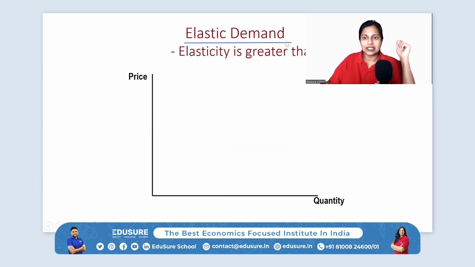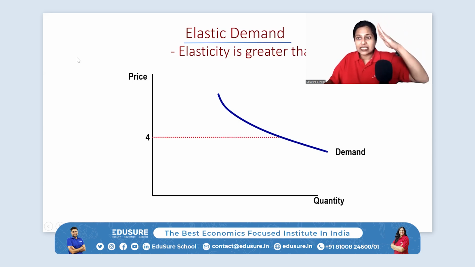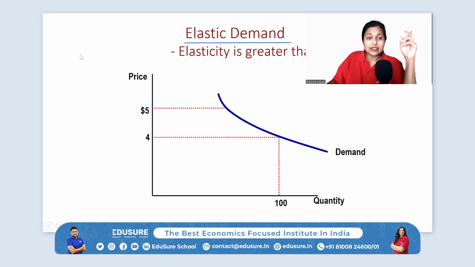Okay, next is elastic demand. Elastic means elasticity is more than 1. In elastic demand, the demand curve will be flat. If the increase in price is 25%, the fall in quantity demanded is going to be more than 25%. So here it is 50%.